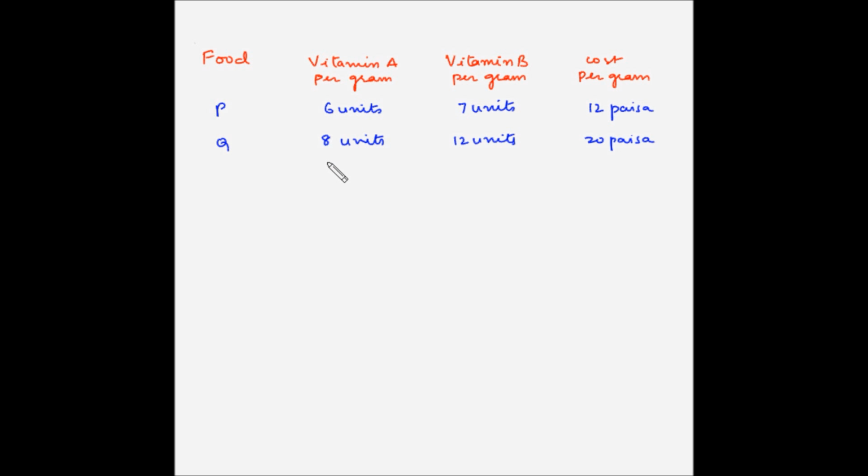We have also been given that the daily minimum requirement of vitamin A is 100 units, whereas the daily minimum requirement of vitamin B is 120 units. And now we have to find out the quantity of P and Q so that the minimum requirements of vitamin A and vitamin B are met, and at the same time the total cost is minimized.